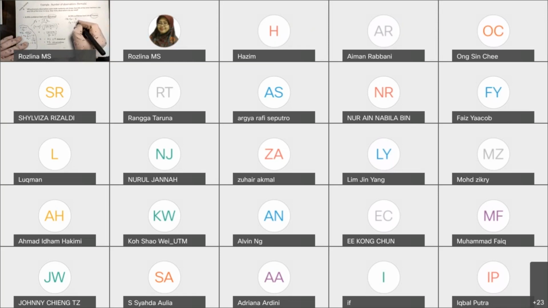Put in the sigma here, so sigma is 2.55. Now we solve the problem with the mathematical procedure, 75 times 25 over sigma squared. What is the answer? 288.35.